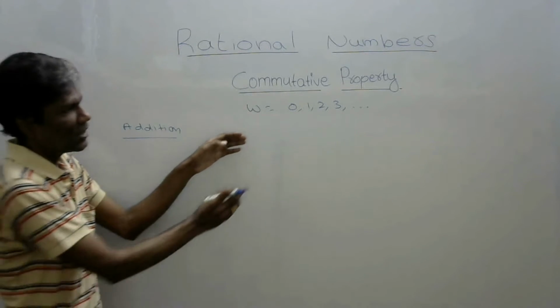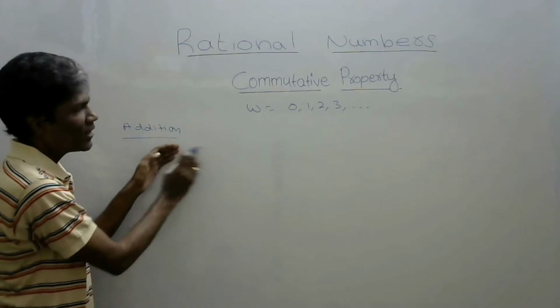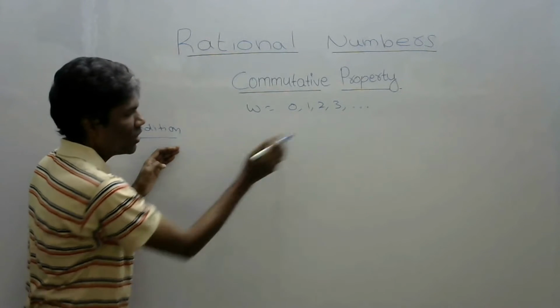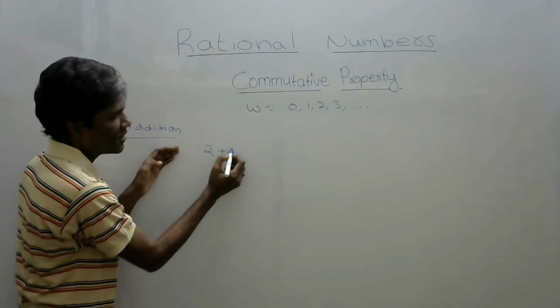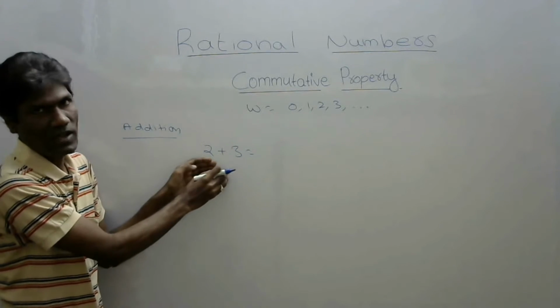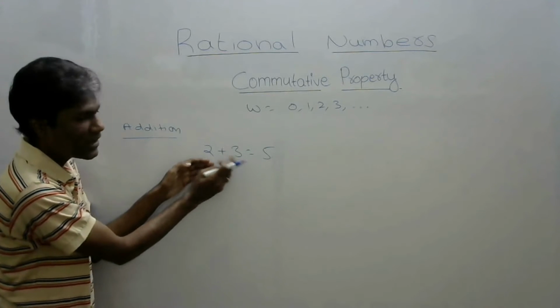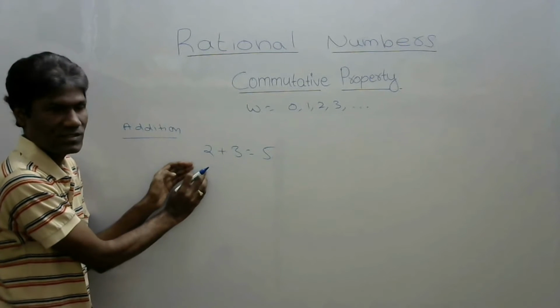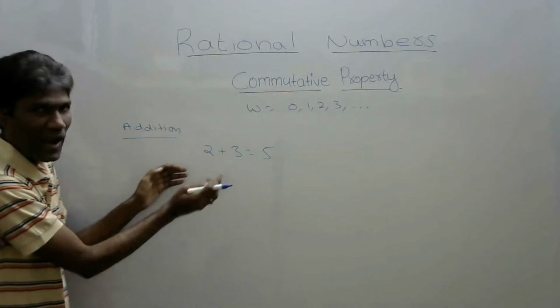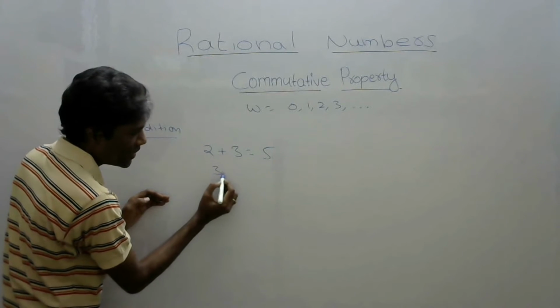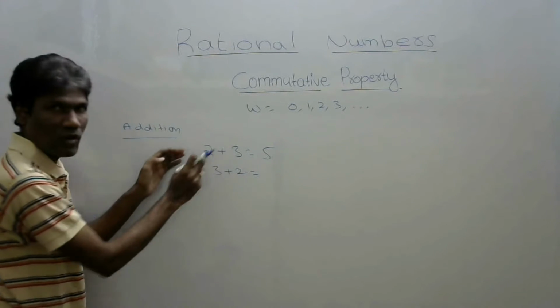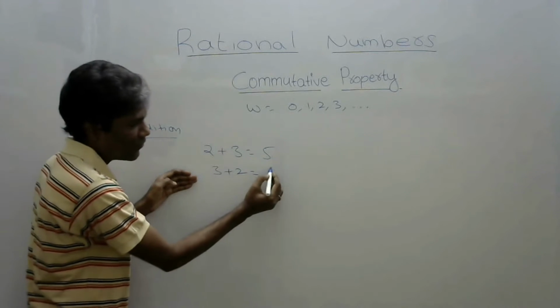If we add two numbers, for example 2 and 3, we will get some value, 5. Now, if we interchange the positions, that is, if we add 3 plus 2, what value will we get? 5.